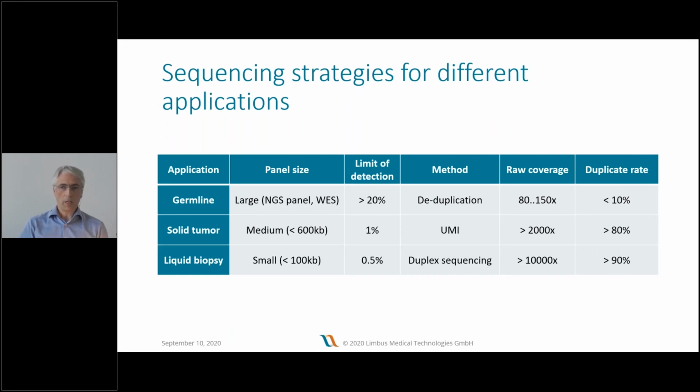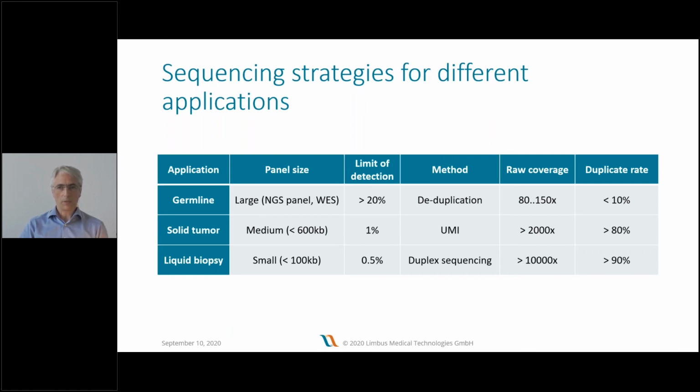You typically apply conventional deduplication. You basically remove duplicate reads from your data, and you operate at a sequencing depth between, let's say, 80 and 150x coverage, for example when you're doing whole exome sequencing, and you have a very low duplicate rate in your data.